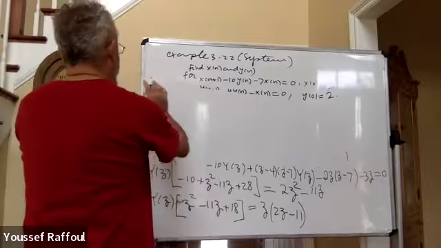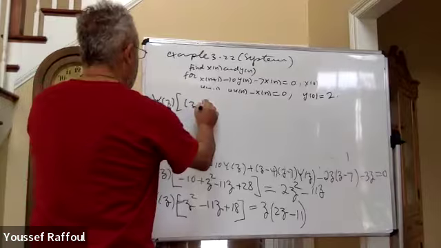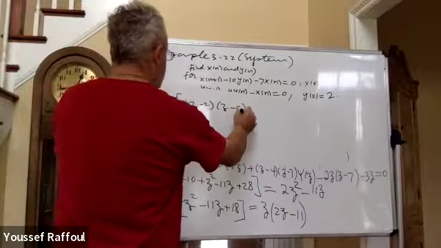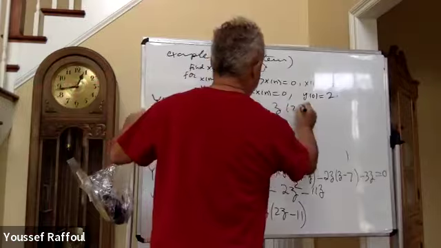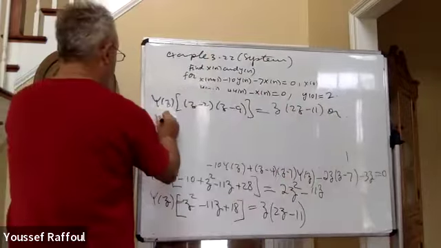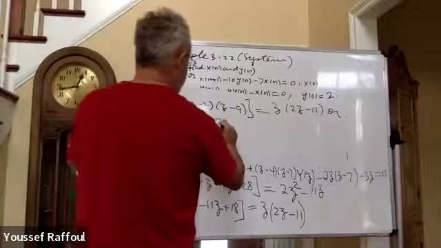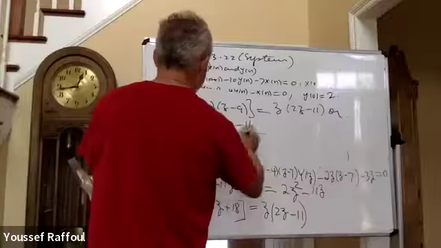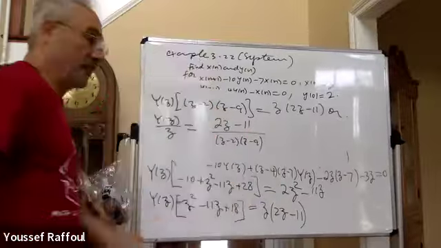So this is Yz times (z minus 2)(z minus 9) equal to z(2z minus 11), or Yz over z equal to (2z minus 11) over (z minus 2)(z minus 9). Okay?